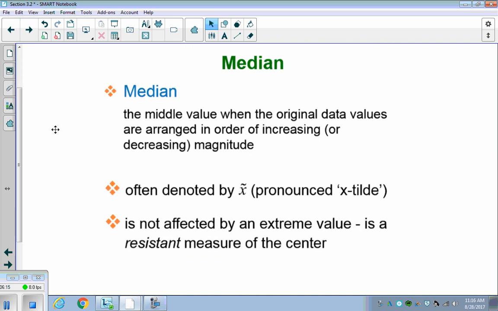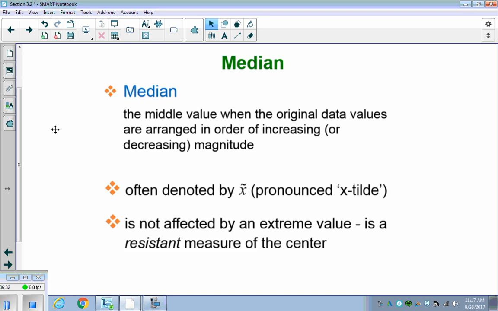Another measure of center is something called the median. And the way I always remember it is when you're driving down the road and you have that thing we call a median, it's in the what? Middle of the road. And this is nothing more than the middle number. Okay?